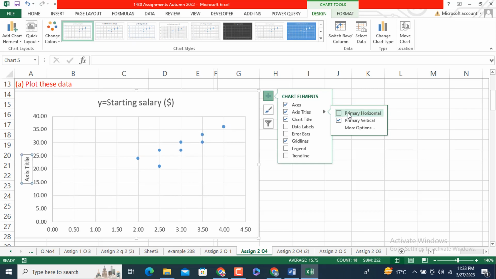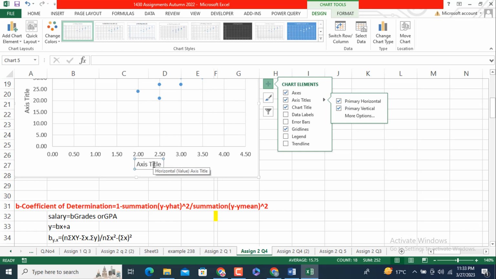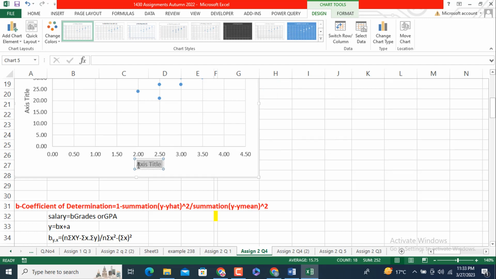Sorry, the axis title is already available, but I will write it here: GPA scores. If you want to make this color different, you can. Then I write here on the vertical axis: starting salary.